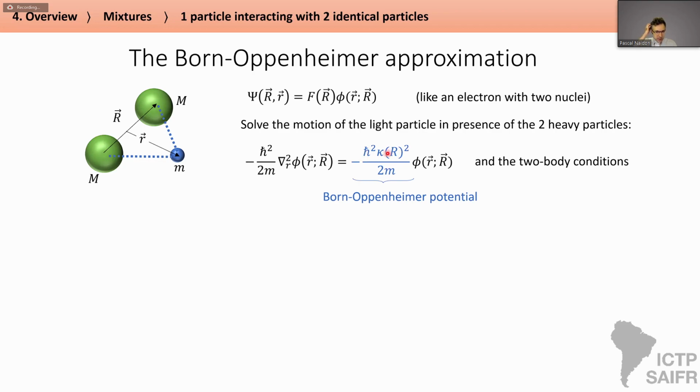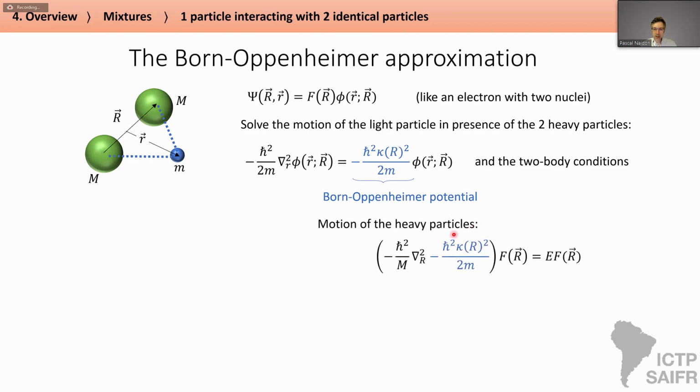So once we solve this light particle problem and we obtain this energy for each separation between the heavy particles, this energy as a function of the distance between the heavy particles acts as a potential. This is the so-called Born-Oppenheimer potential. And we can use it then in the equation for the remaining part, which is the wave function between the heavy particles.